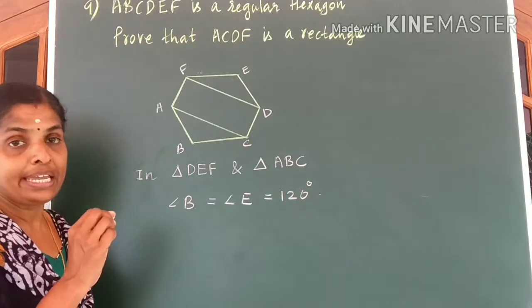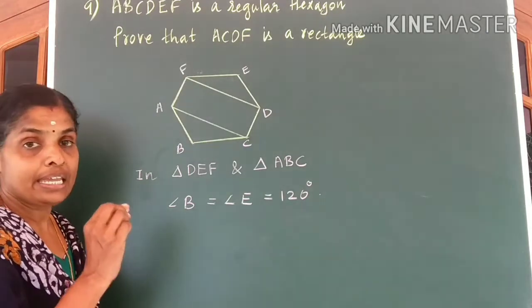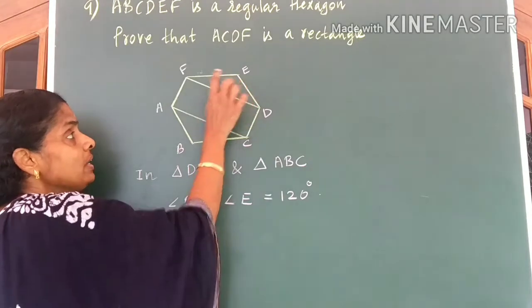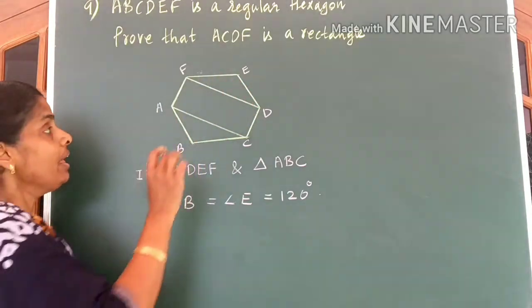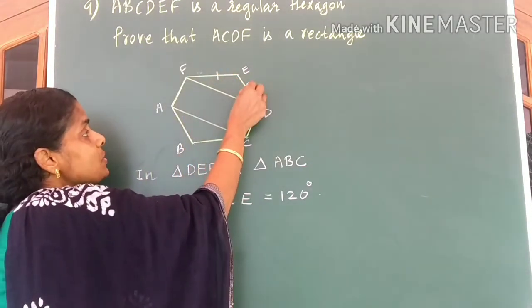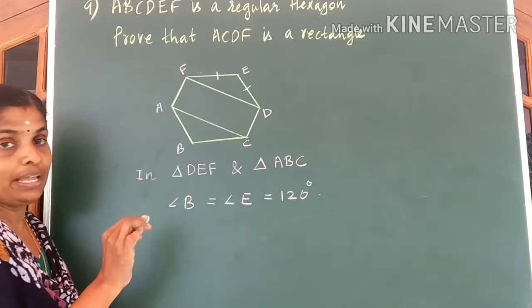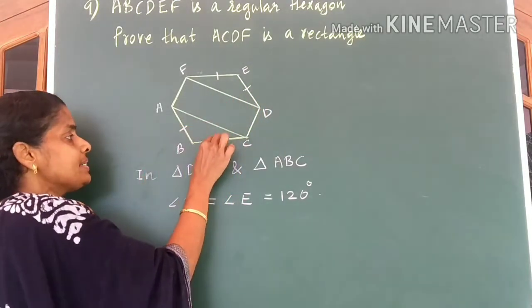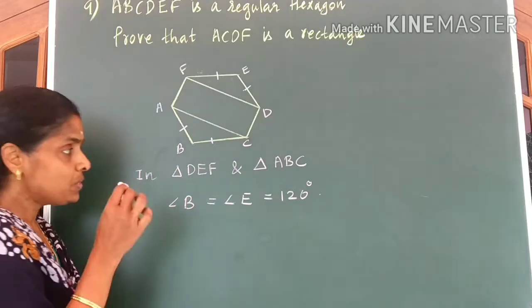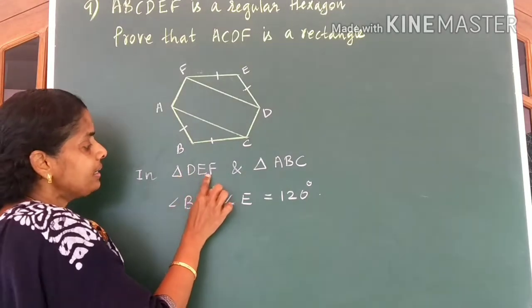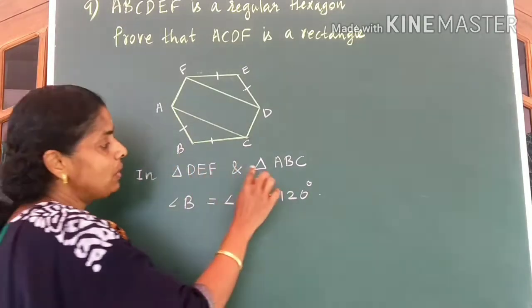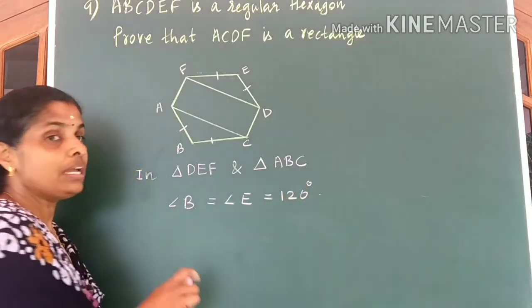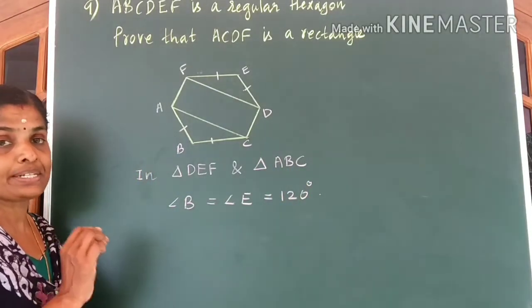Because we know in a regular hexagon, each angle is 120 degree. Now we know these two sides are equal. These two sides are also equal. So we can call triangle DEF and also triangle ABC to be isosceles triangles.